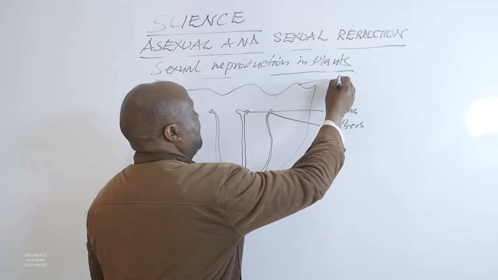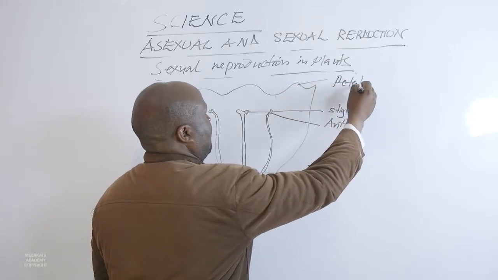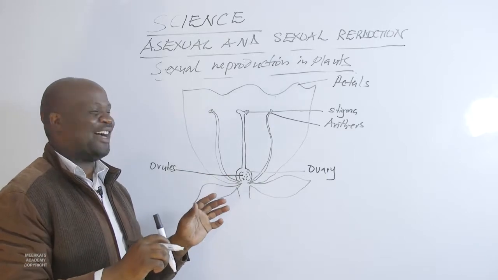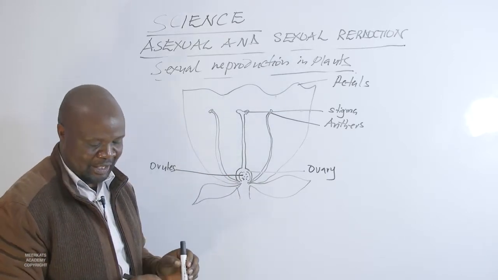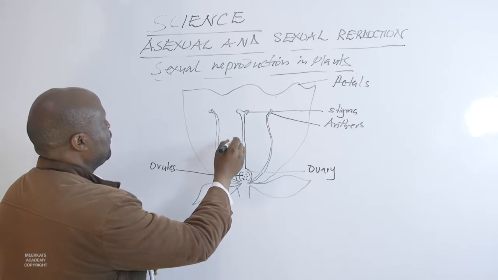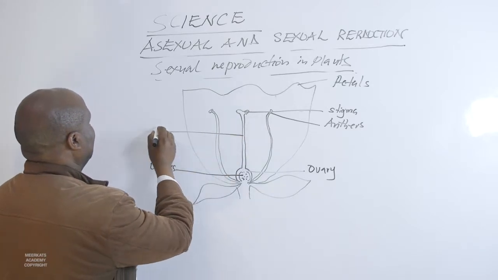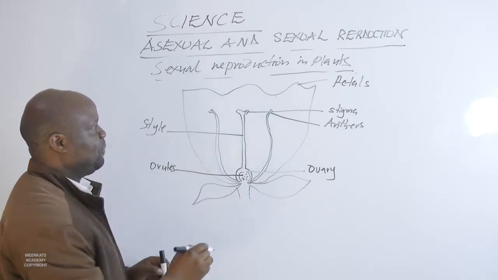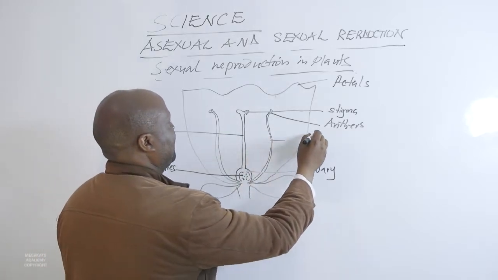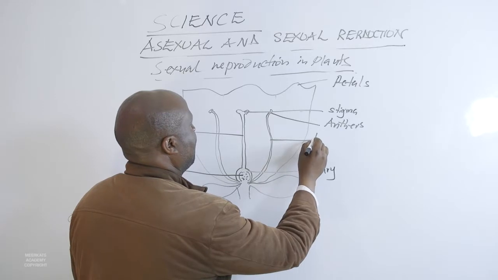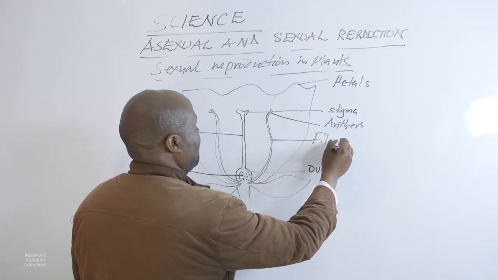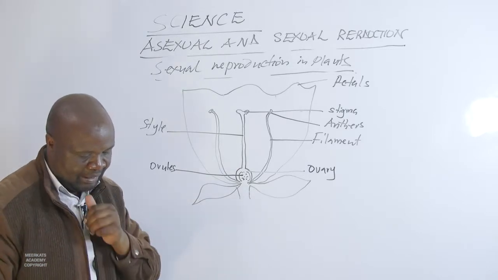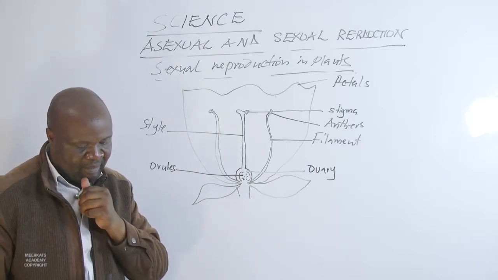This one we call the petals. It is an outer covering of the organs that are within the flowering plant. When we talk of the style, that is the style. It supports. Then when we talk about the filament, yes, that is the filament.